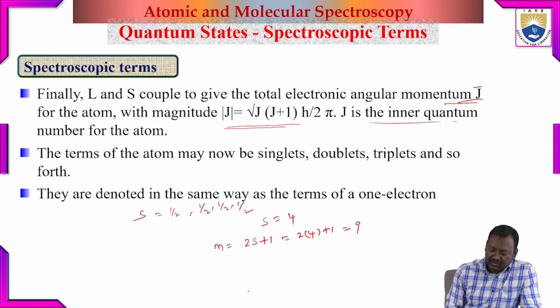So these are also denoted in the same way as the terms of a one electron atom, as we denoted like this, say 2D 5 by 2, 2D 3 by 2, including the principal quantum number.